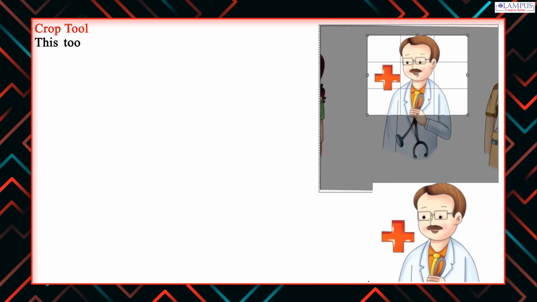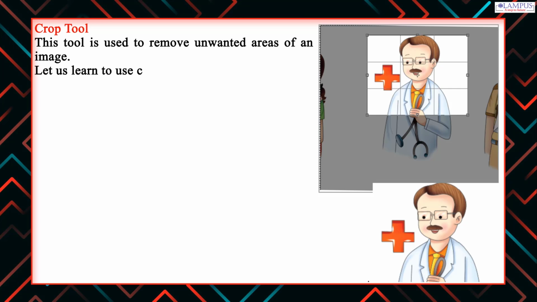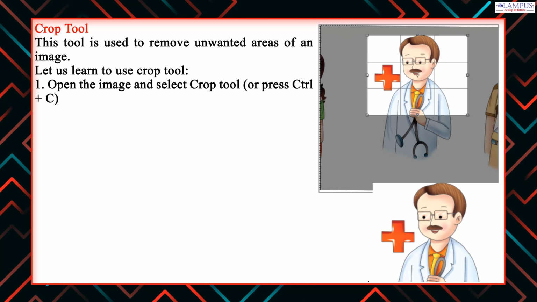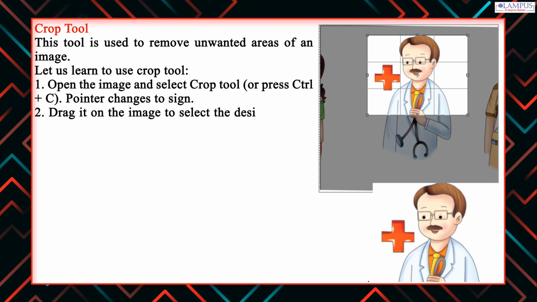Crop tool. This tool is used to remove unwanted areas of an image. Let us learn to use the crop tool. 1. Open the image and select the crop tool, or press Ctrl+C. The pointer changes to a sign. 2. Drag it on the image to select the desired part. A cropping border is displayed.